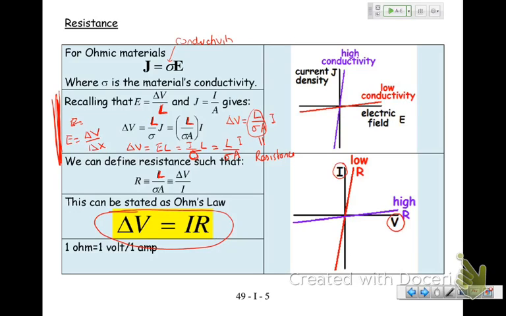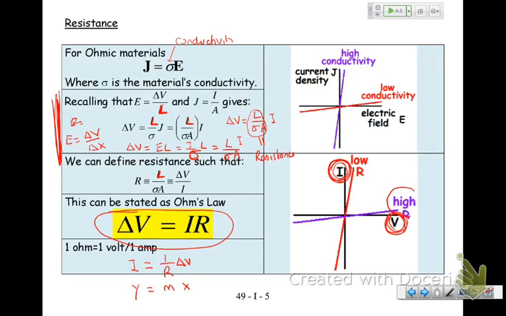A casual observer will say the slope is the resistance. It's not. I is equal to 1 over R times delta V, just like y is equal to mx. I is the y, not the x. Delta V is the x. So watch out for that.